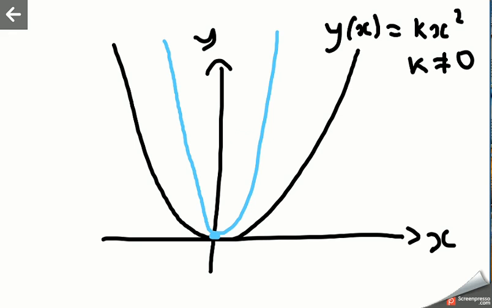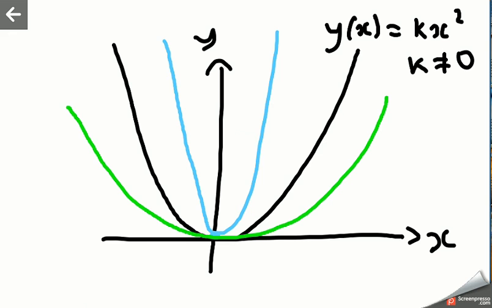And similarly, if we make k smaller, it stretches the graph out this way, because for smaller values of k, the y values are all going to be smaller, and so that has the effect of flattening out the curve.